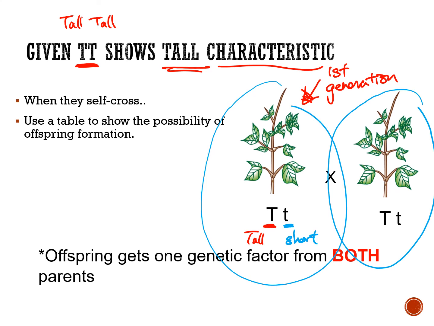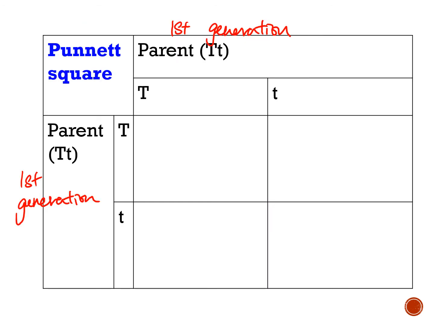In order to do that, let's do a simple mathematics table. For the first generation, the parent, it has a big T, that means a tall factor, and it also has a small t, a short factor.